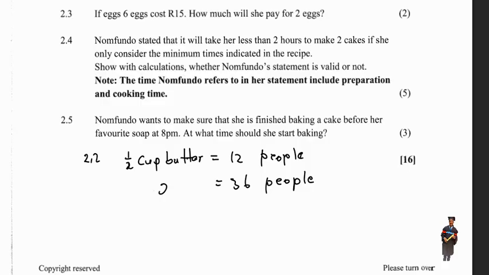Right now we don't know, so we just write X. We know that half a cup of butter is equal to 12 people, but we do not know the amount of butter that is equivalent to 36 people. So we just write X and then cross multiply. 12 multiplied by X gives us 12X, equal to 1/2 multiplied by 36.